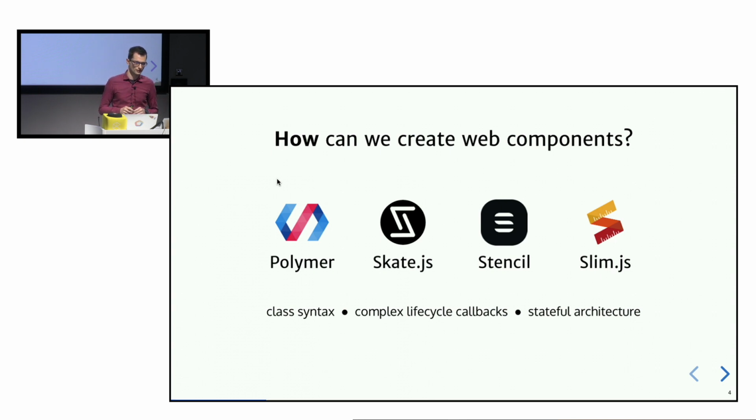Lifecycle methods are usually misused or not very well understood, and you have to read a lot of documentation to understand how they work. And finally, this is a stateful architecture, which means that your objects are mutating, and the state of the component is usually the result of some sequence of steps.